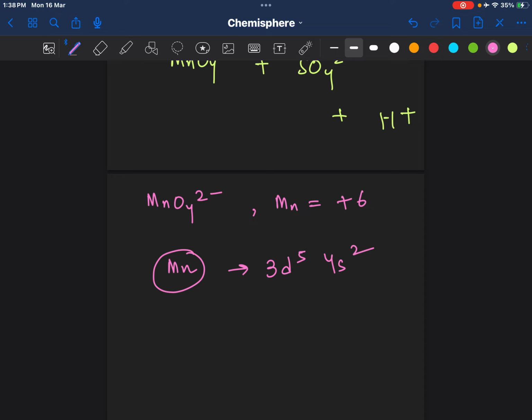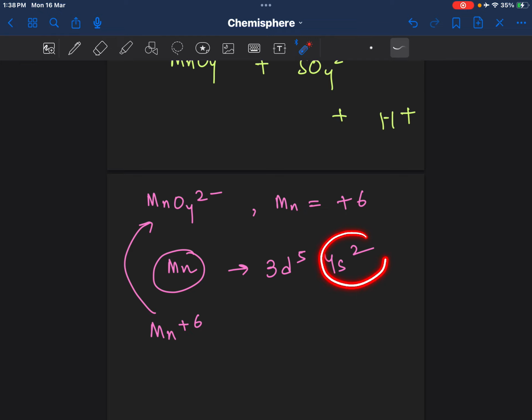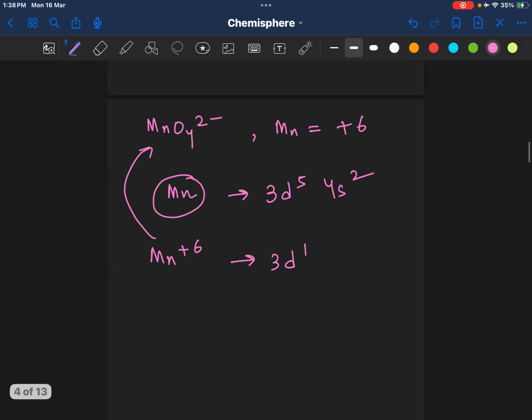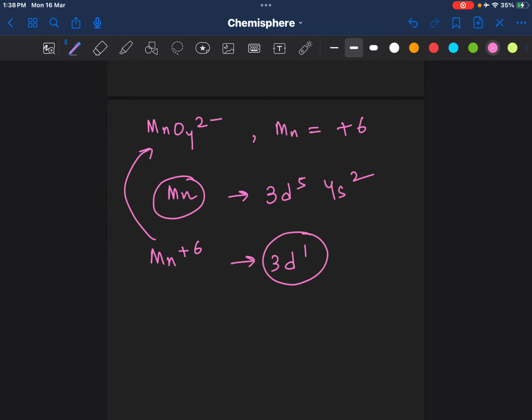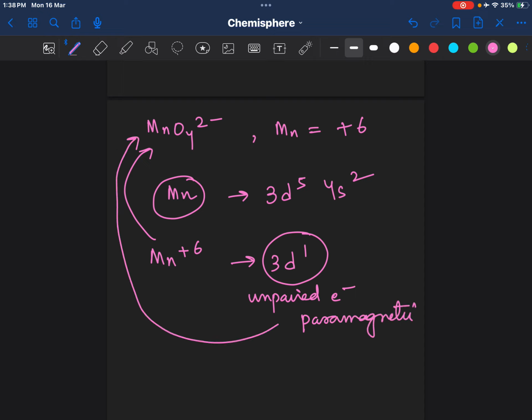For Mn+6, we have to remove 6 electrons, always starting from the outermost shell: remove 2 from 4s and 4 from 3d. We'll be left with 3d1, which has one unpaired electron. Because of the presence of an unpaired electron, manganate is paramagnetic.